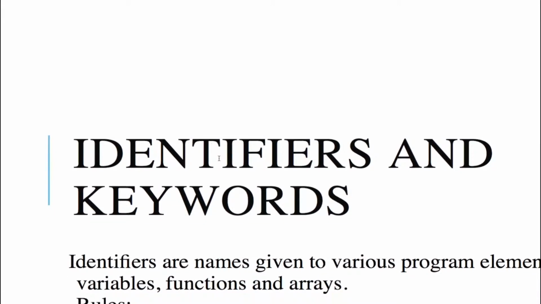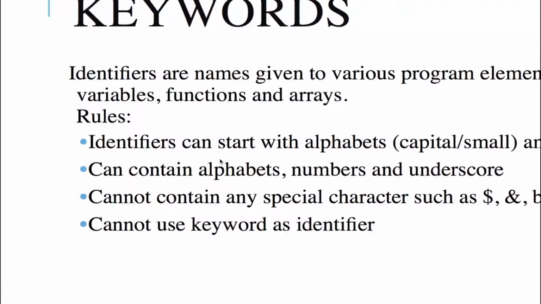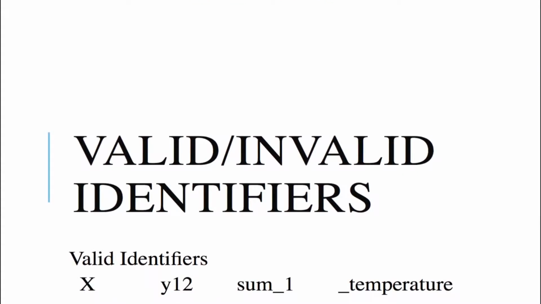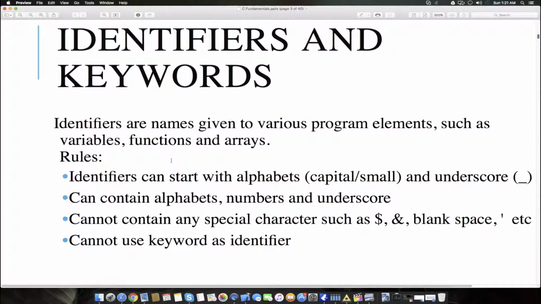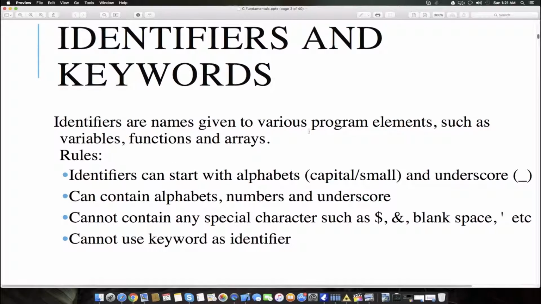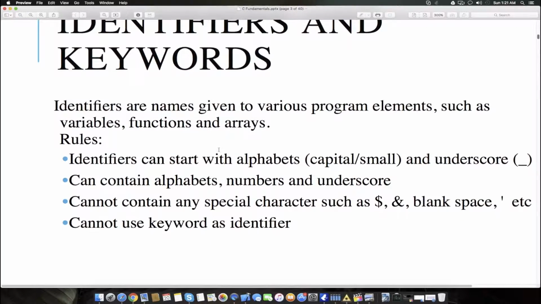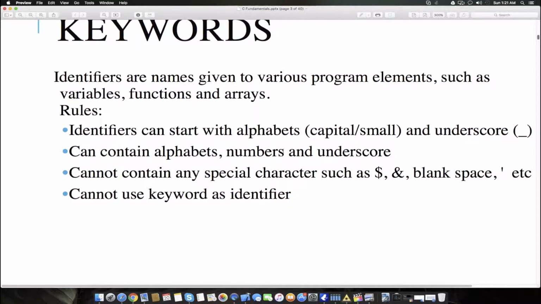Then we can go down to identifiers and keywords. You can read this as well. Identifiers are names given to various program elements such as variables, functions, and arrays.